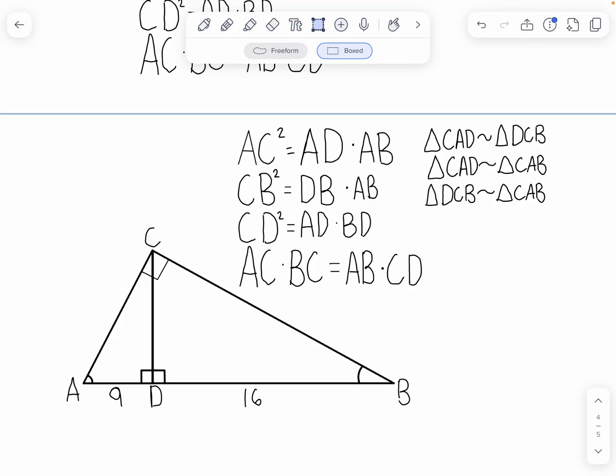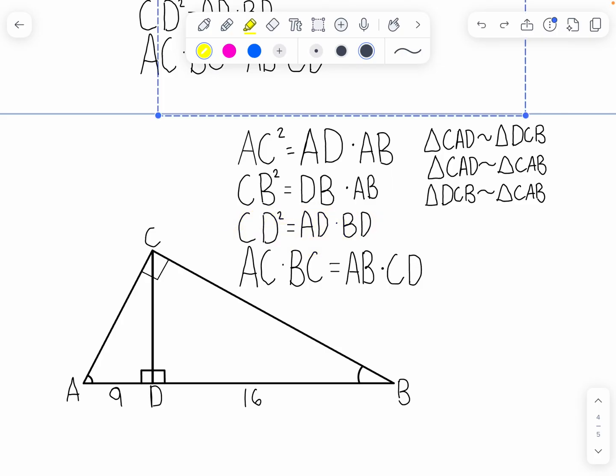Okay, hopefully you've paused the video and you've done the question, so let's get started. First, we have to identify which theorem we have to use. For this one, we have to use the third theorem, which is this one.